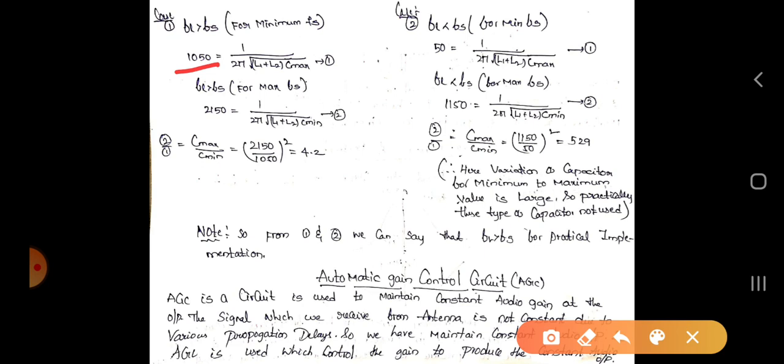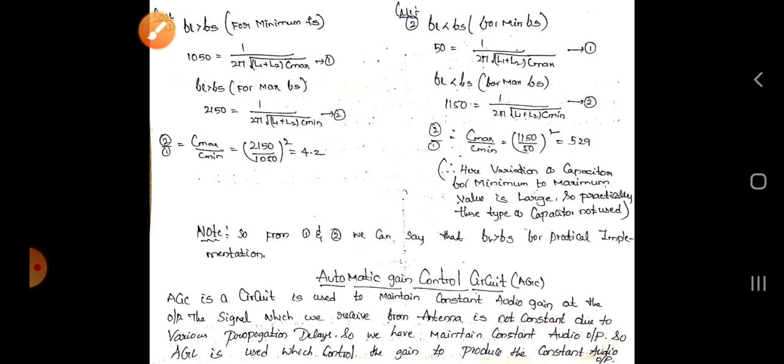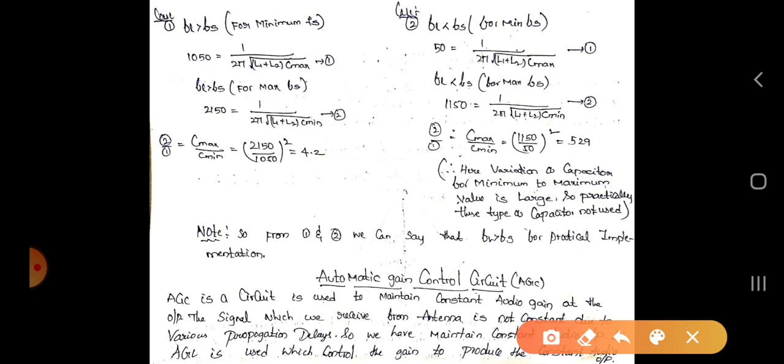We know that F is equal to 1 divided by 2 pi root of (L1 plus L2) into C maximum, because we are taking minimum FS, so the capacitance will be maximum. As you know, the capacitance and the frequency are inversely proportional to each other. So for minimum FS, 1050 is equal to 1 divided by 2 pi square root of (L1 plus L2) into C max.